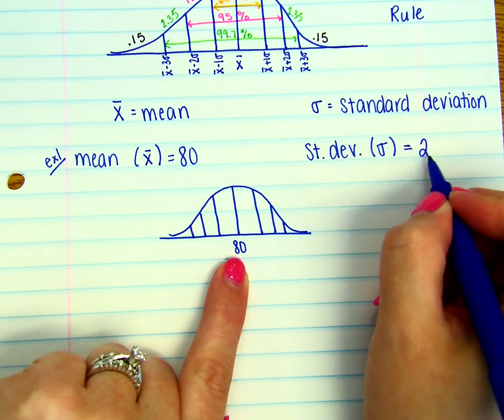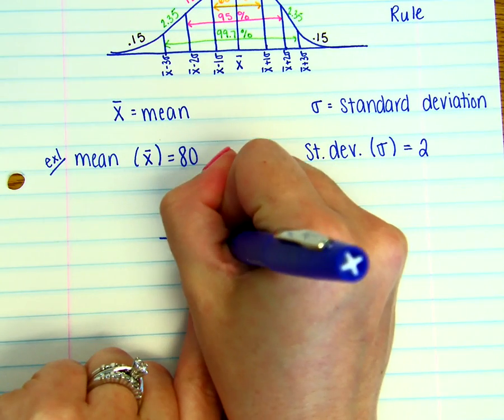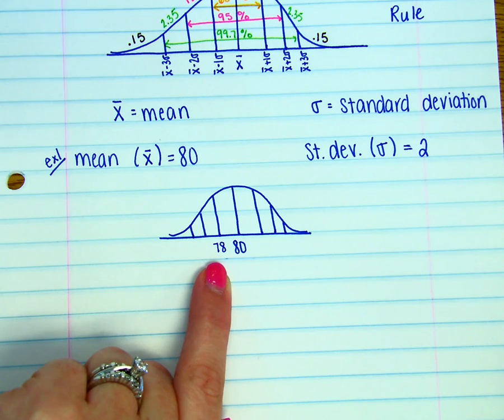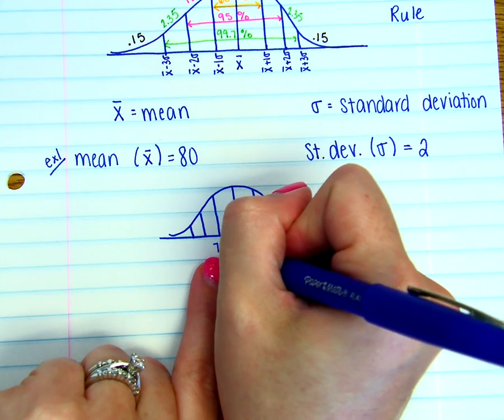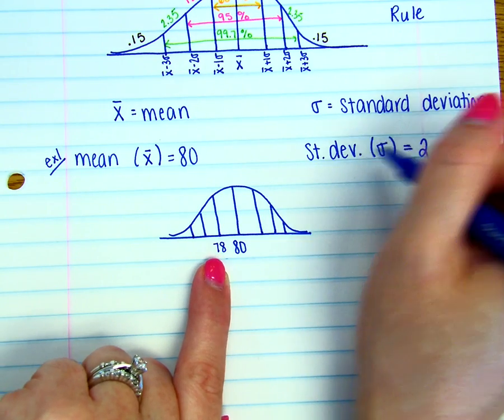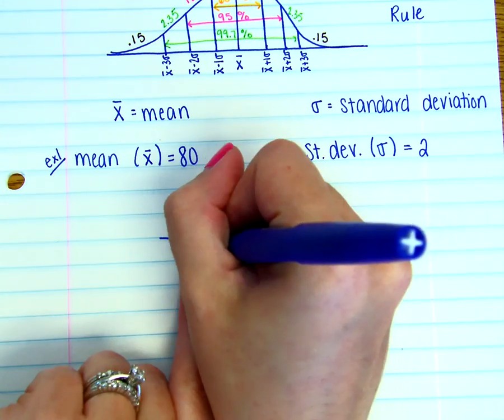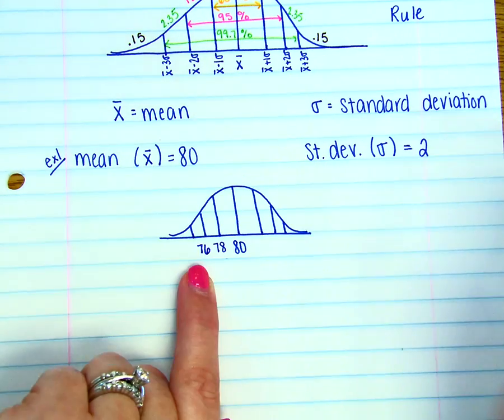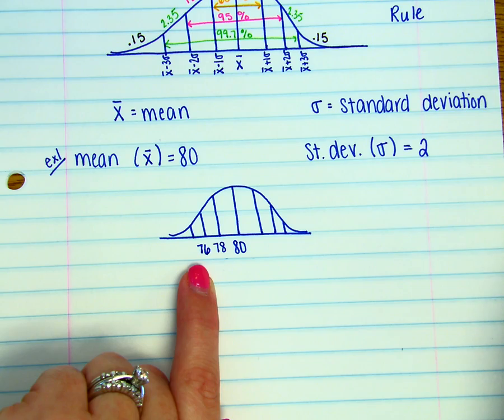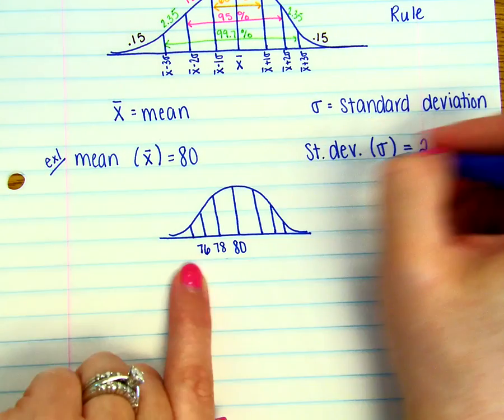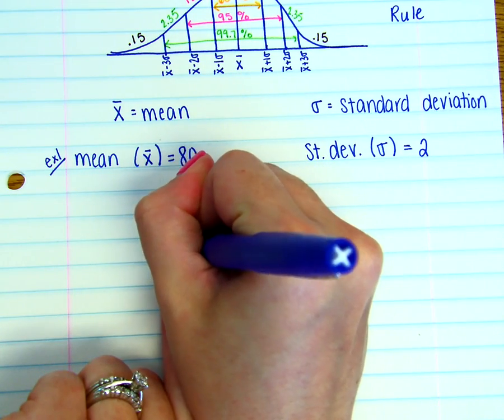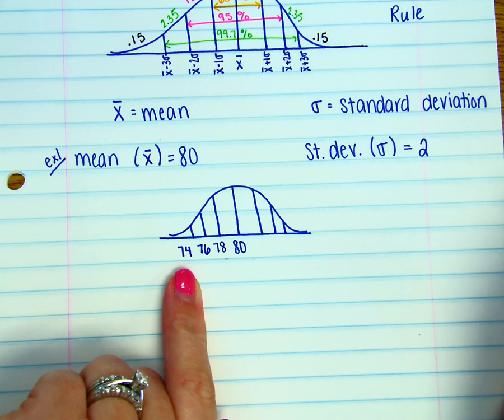So 80 minus 2 is 78. Now we're going to continue on and we'll subtract that standard deviation again. 78 minus 2, 76. Then we'll do it again. 76 minus 2, 74.